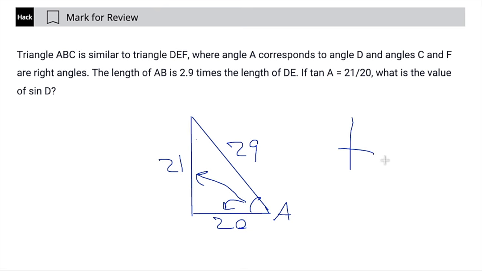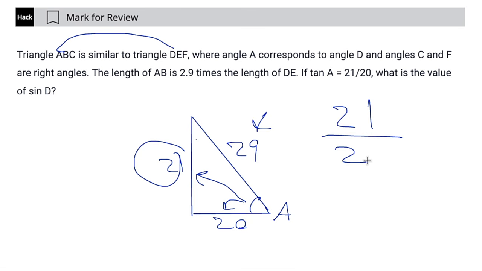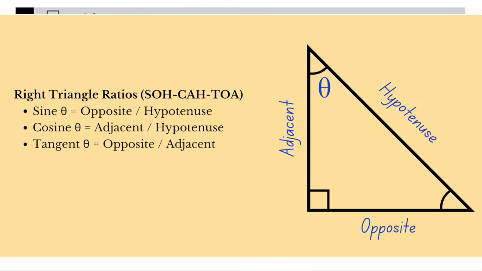That's TOA, from SOHCAHTOA. And then it's asking about sine of D. Well, D does line up with A, so this would be the same angle, but for sine, it's SOH, opposite over hypotenuse. Opposite here is still 21, and our hypotenuse is 29. So our answer is 21 over 29. And this one obviously only works if you're familiar with using SOHCAHTOA. So if you don't know that, go learn that first.